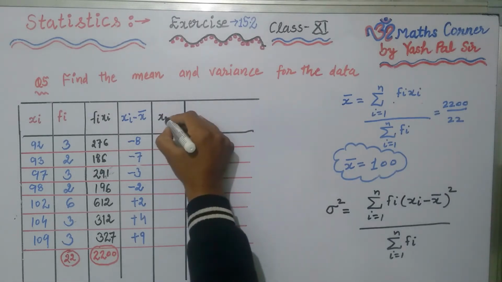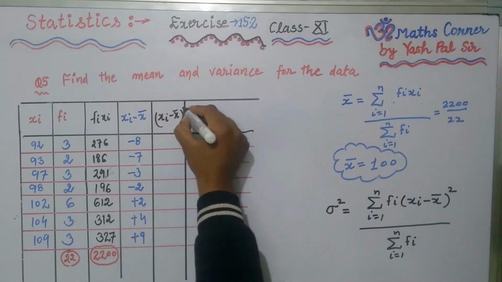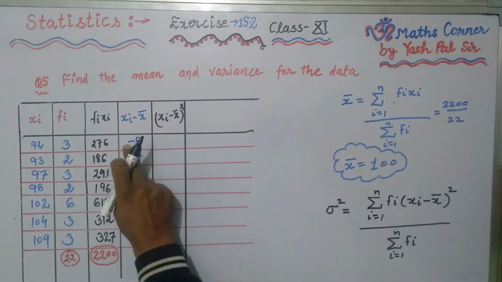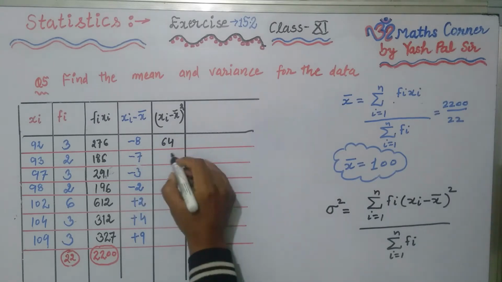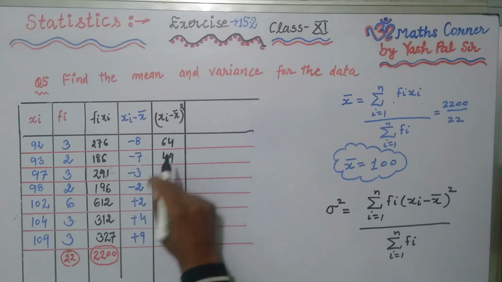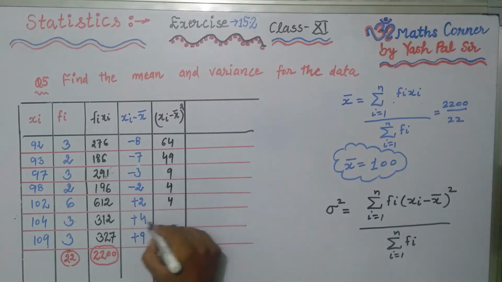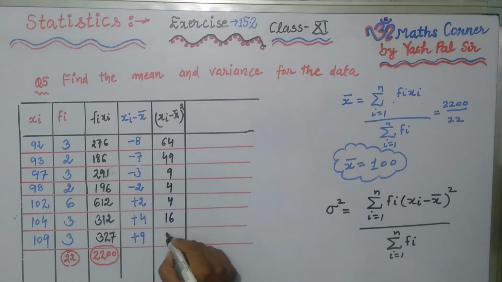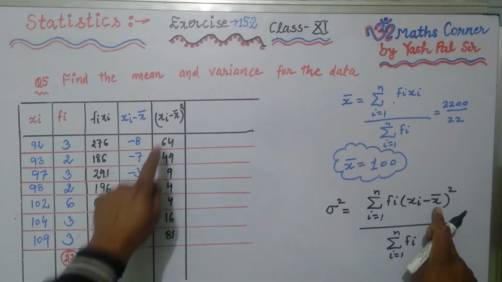Xi minus x bar its whole square. Minus 8 whole square is 64, 7 whole square 49, 3 whole square is 9, 2 whole square is 4, 2 whole square 4, 16, 81. Right? We need fi into xi minus x bar whole square.